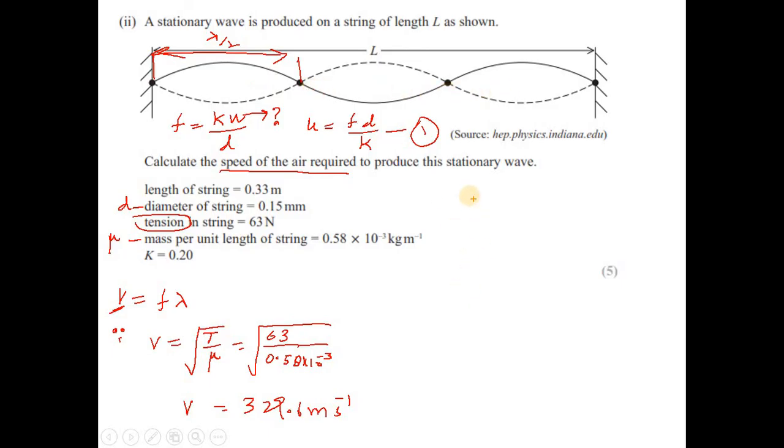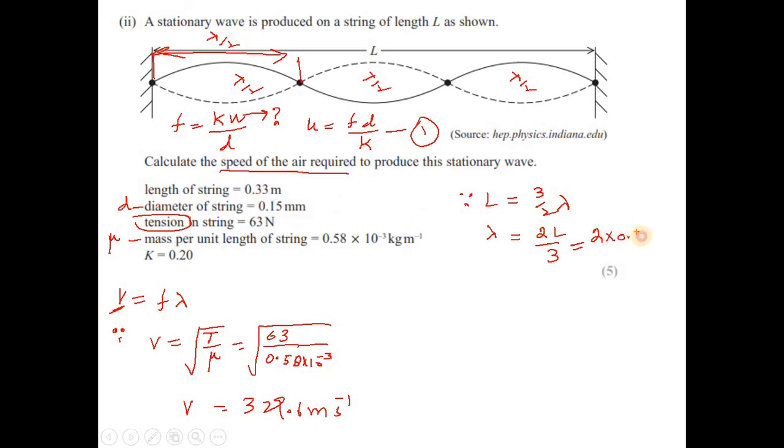So the length of the string or wire is equal to 3 by 2 lambda. This is lambda by 2, another lambda by 2, so we have 3 lambda by 2s overall, which is equal to L. So L equals 3 by 2 lambda, so lambda is equal to 2L divided by 3.